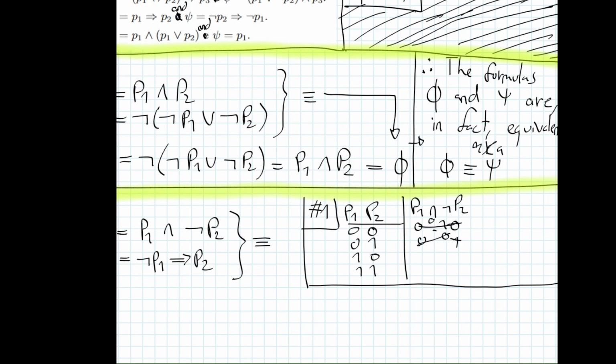For 1 and 0, the negation will become 1, and then the conjunction will be 1, so this is a satisfactory case for this formula. And finally 1 and 1, this becomes 0, and this becomes 0. So only this scenario proves to be satisfactory.